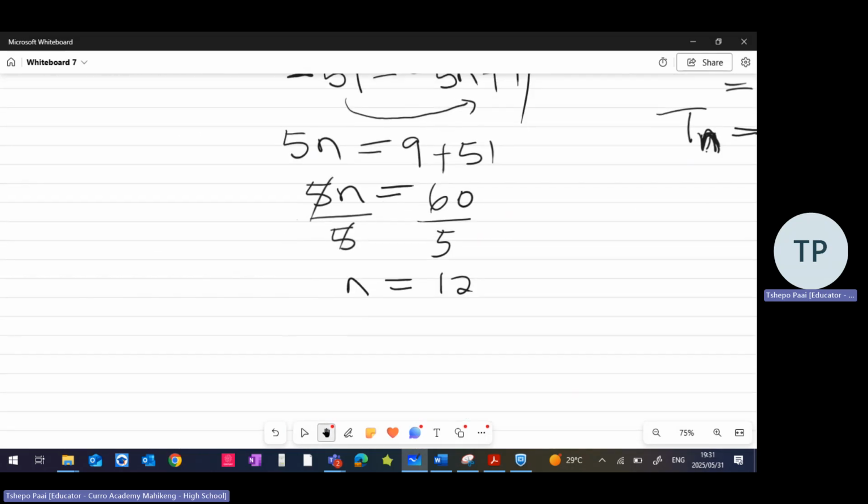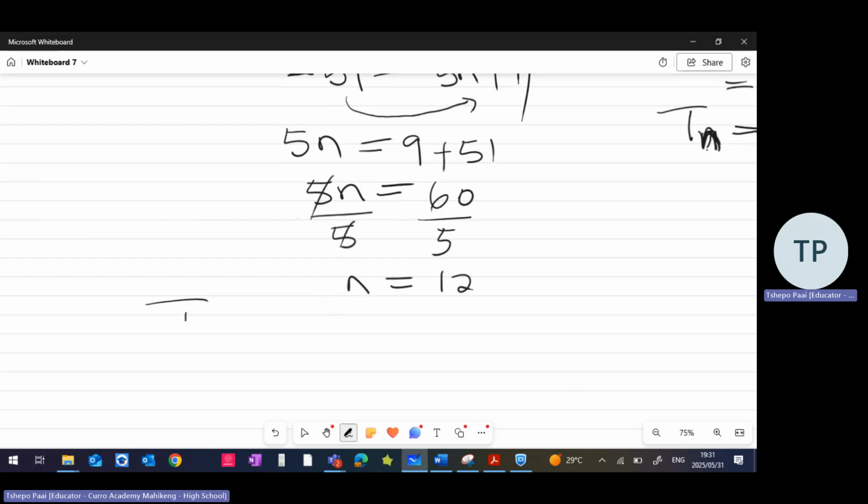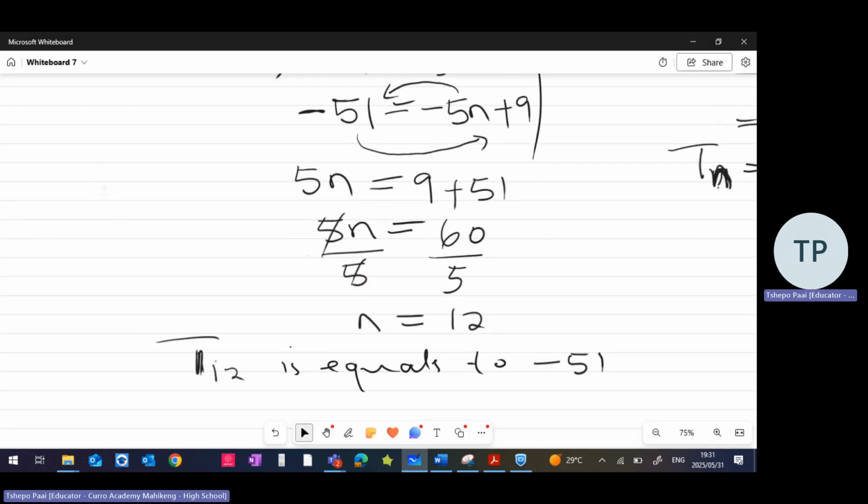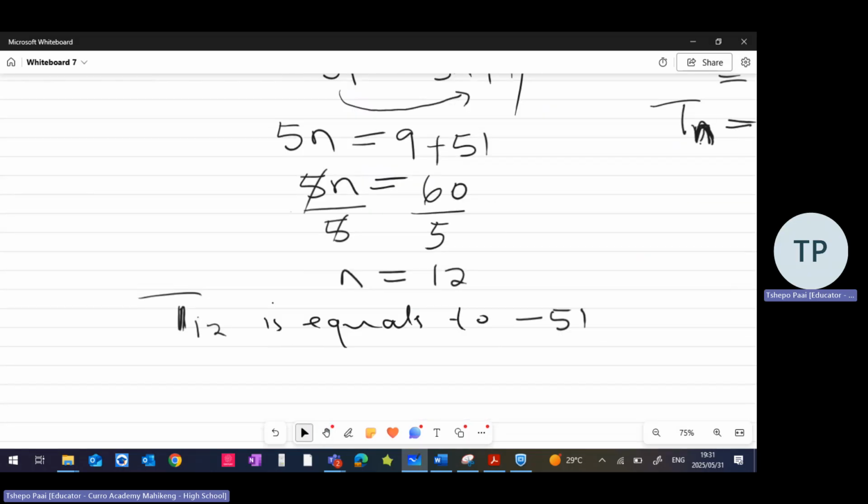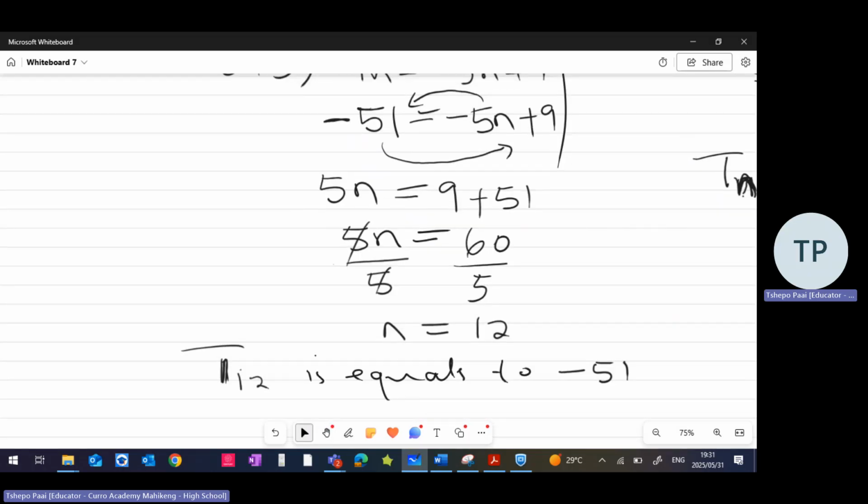Or if I like, I can even conclude that T12, term number 12, is equal to minus 51. I'm telling the examiner that term number 12 is the one that is going to be minus 51.